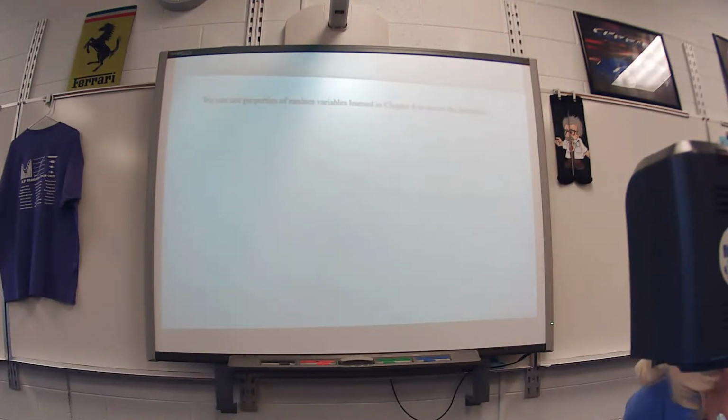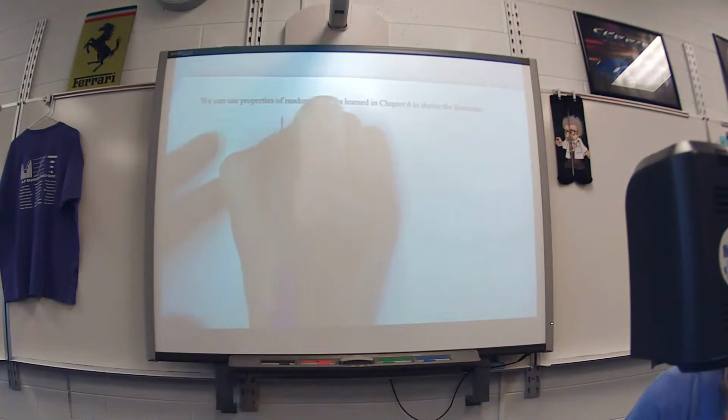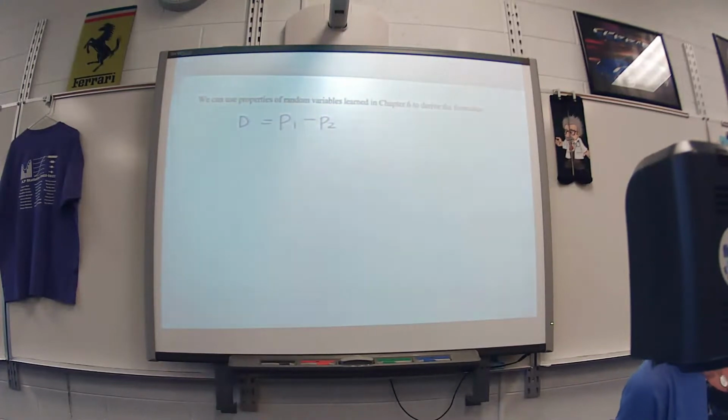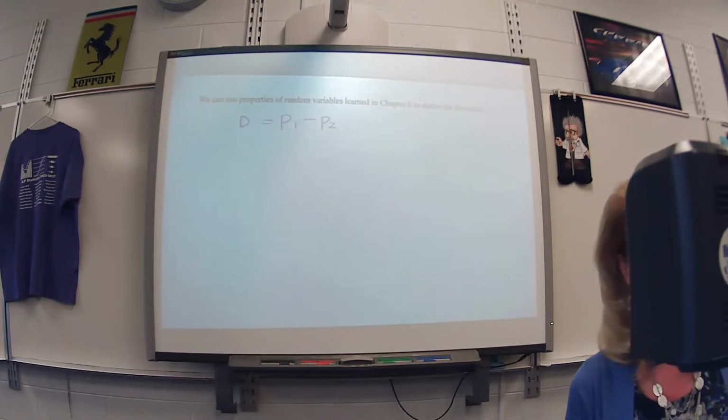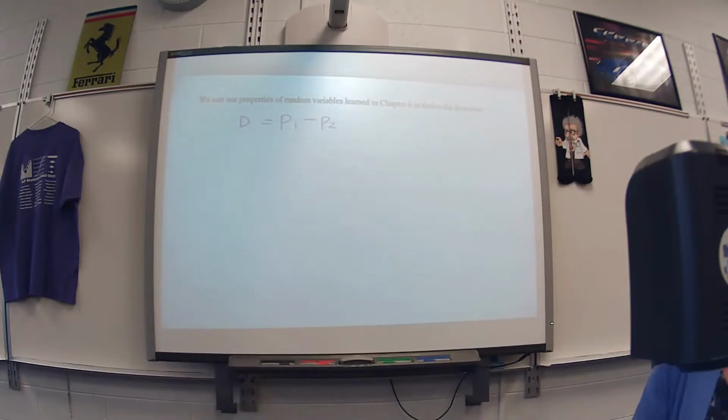Okay, so back to the chapter on random variables, okay? So if we define P1 minus P2 as the difference, okay, so population 1 could be considered a random variable. Every time we take a sample, we could get something different. Population 2 could be a random variable. Every time we take a sample, the proportion could come in slightly different.